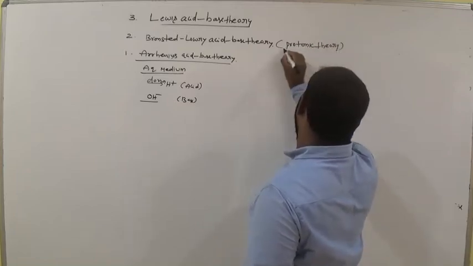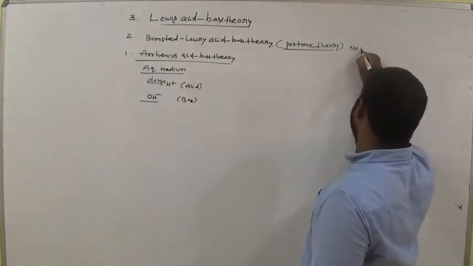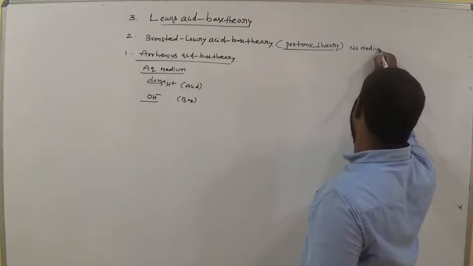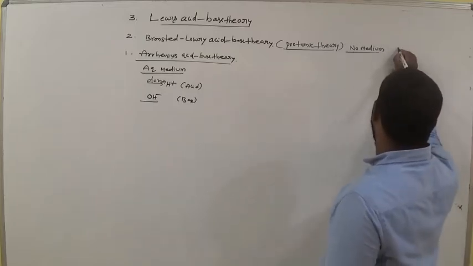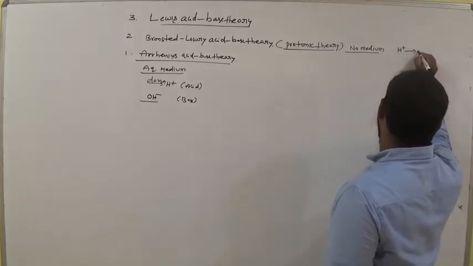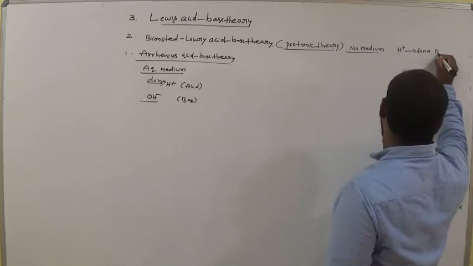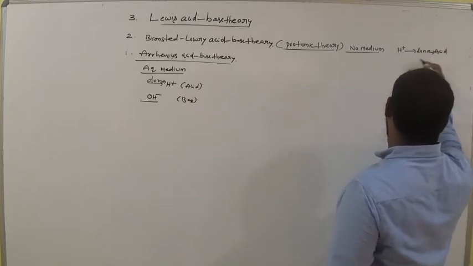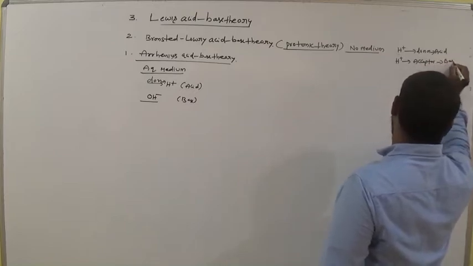In the protonic theory, no medium is mentioned. Remember this: aqueous for Arrhenius, no medium for Bronsted-Lowry. So an H plus donor is called an acid, and an H plus acceptor is called a base.